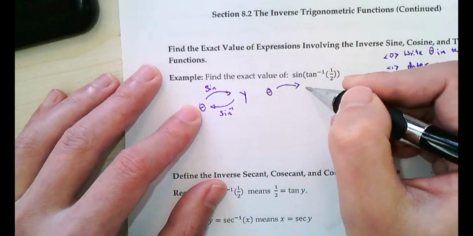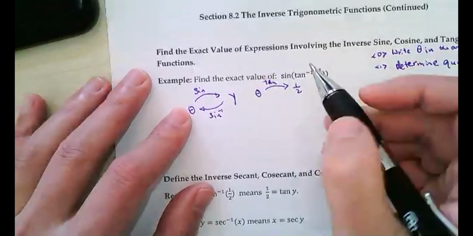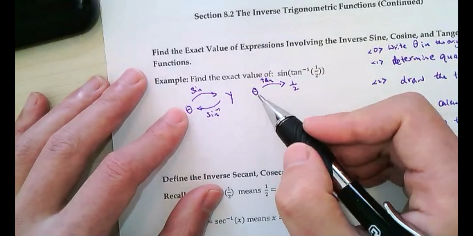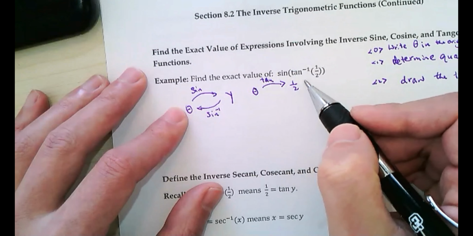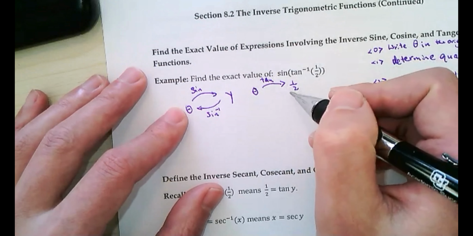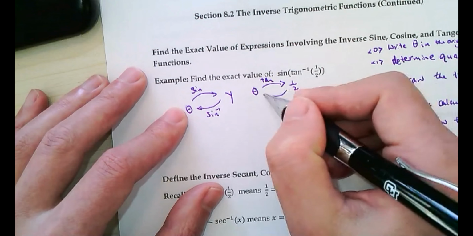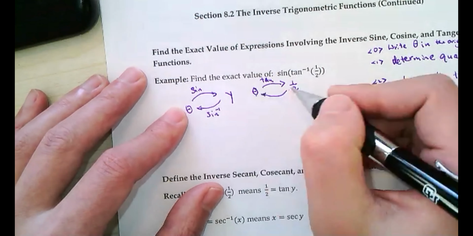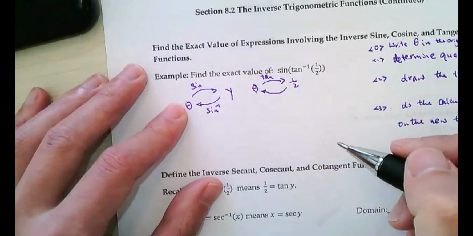For example, tangent. If you have an angle, the tangent of this angle maps to 1/2. What is inverse tangent of 1/2? Inverse tangent of 1/2 is just the angle which can create this value. So look at here. This looks complex, sine of inverse tangent stuff.